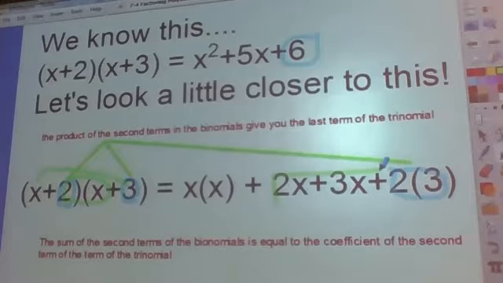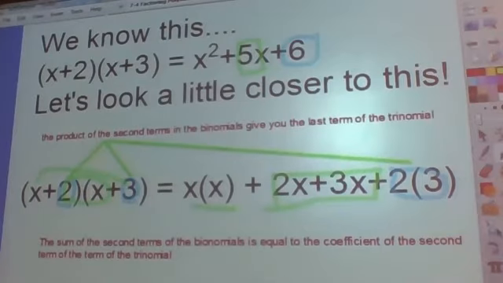So 5x came from those two, correct? Basically we added these two together to get this middle number. Are you with me? And then this first number came from the two first terms that were multiplied together. Are you with me?